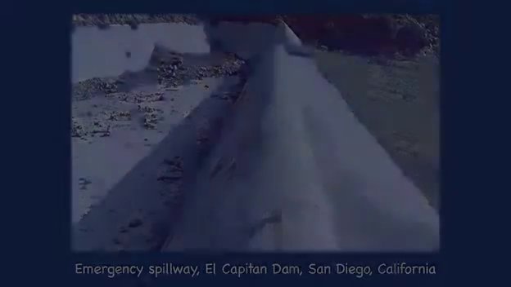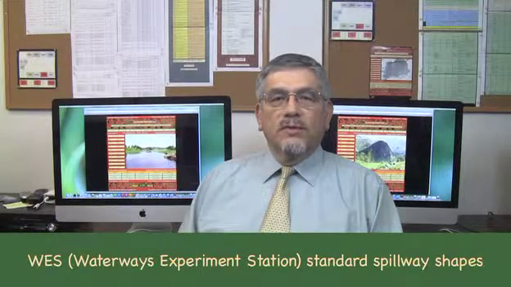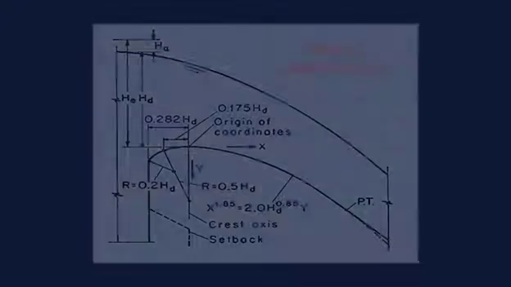An OG spillway is an overflow weir whose cross-sectional shape matches the underside of the nappe at its upper extremity. The U.S. Army Corps of Engineers has developed a series of OG spillway sections collectively referred to as West standard spillway shapes.